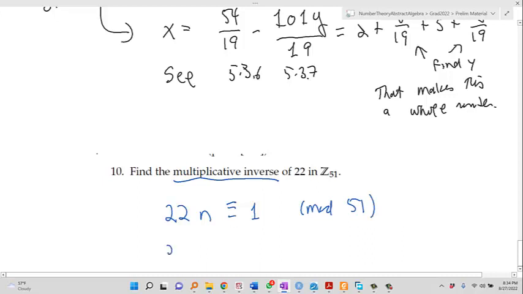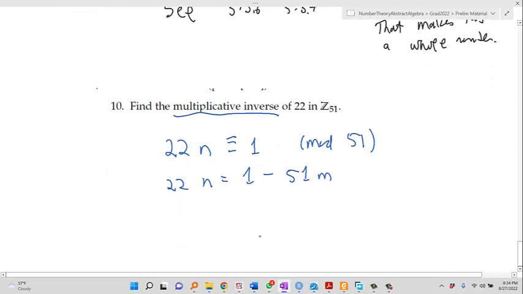That's the same thing as saying that 22n is equal to 1 minus 51m, right? So then we have again a modular equation, 22n plus 51m is equal to 1. So I can solve this using the Euclidean algorithm or using that other method that I showed before.